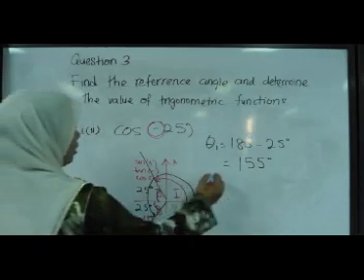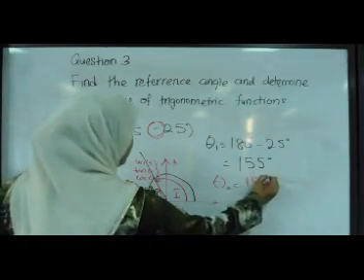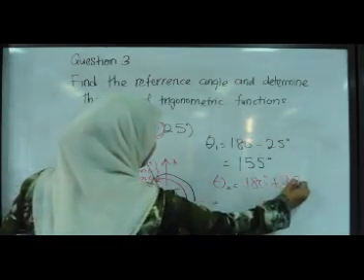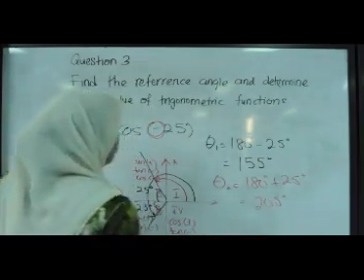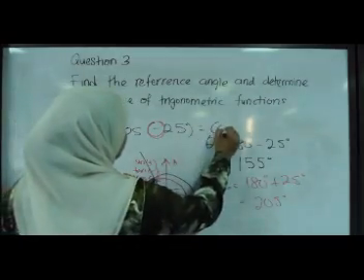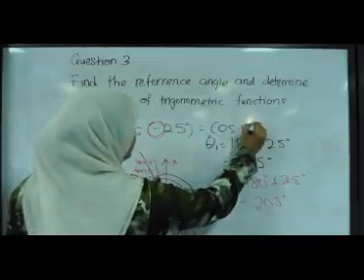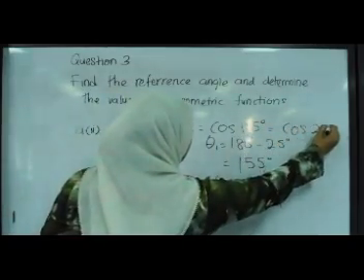The second angle is 180 degrees plus 25 degrees, and you will get 205 degrees. So the angles for cosine negative 25 are cosine 155 degrees and cosine 205 degrees.